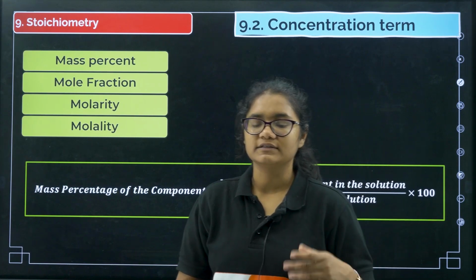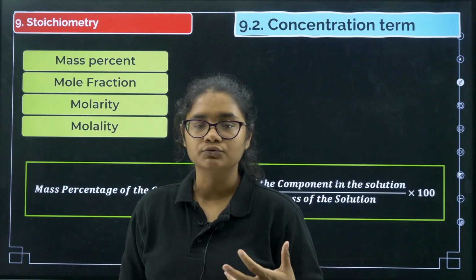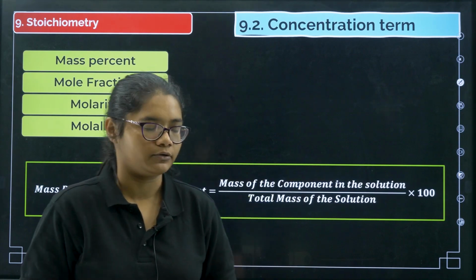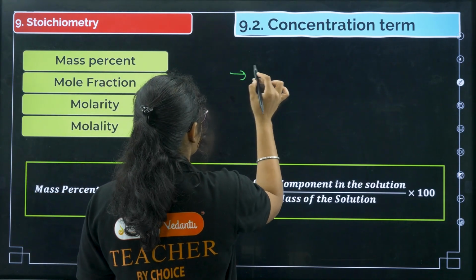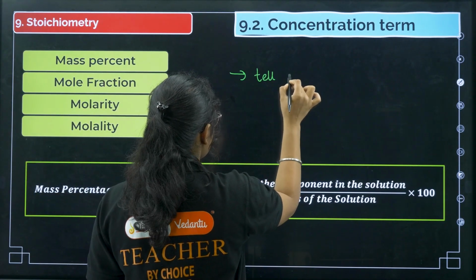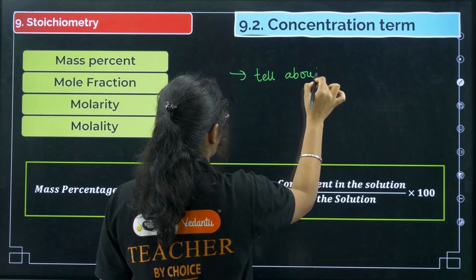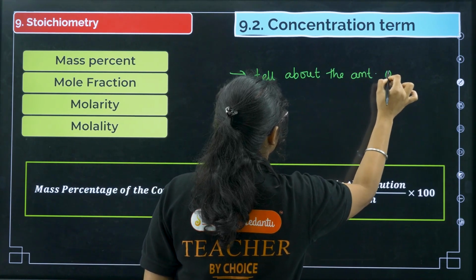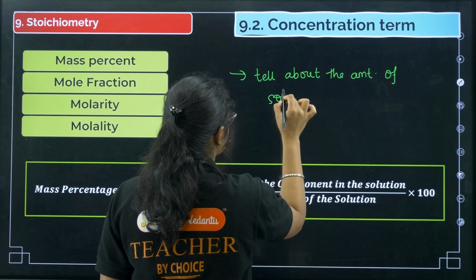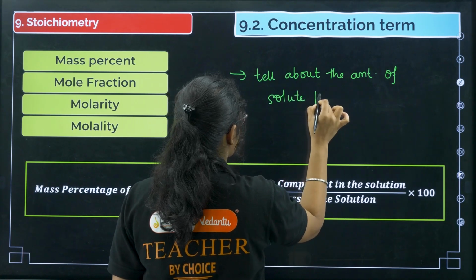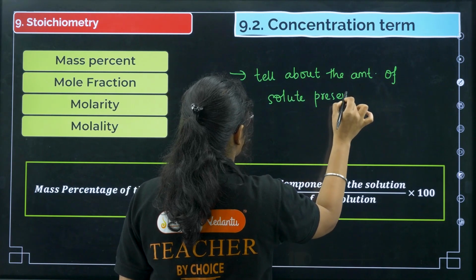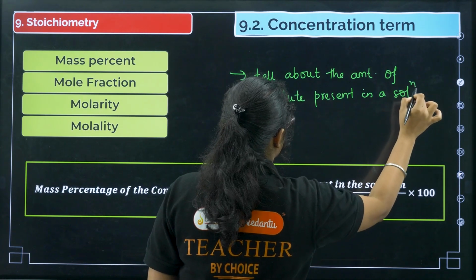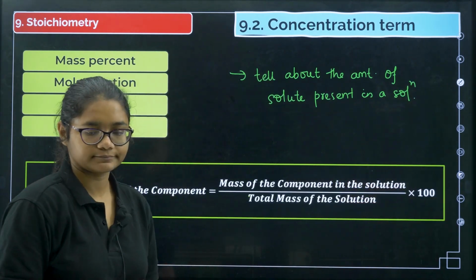Okay, so concentration terms means what? It is used to tell how much solute is present in a particular solution. Okay, it is used to tell about the amount of solute present in a solution.